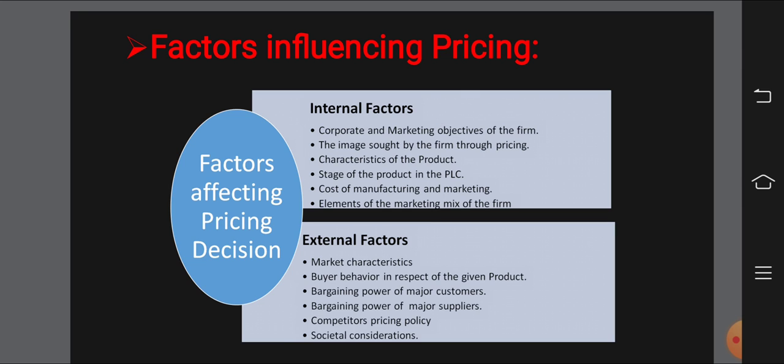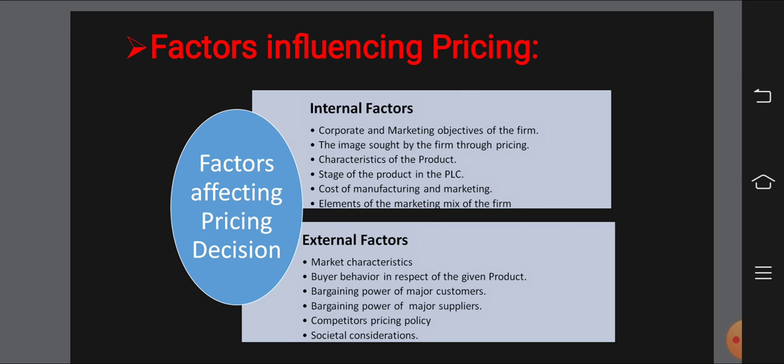Depending on the cost of manufacturing and cost of marketing, it may increase or it may decrease the price of that particular product, and these factors can be controlled by the organization. And the last is the elements of the marketing mix which are taken into consideration by that particular organization. Depending on that elements, pricing of that particular product can be done. So these are different internal factors.